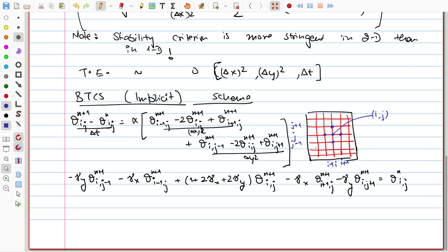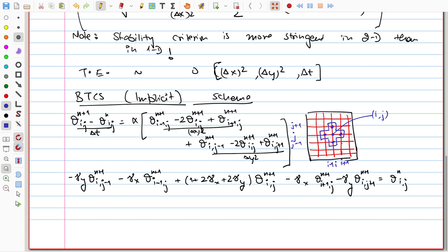So all unknowns. So the stencil becomes like this. The stencil helps us figure out which points talk to each other. In this case, it's these 5 points which are talking to each other through this equation.